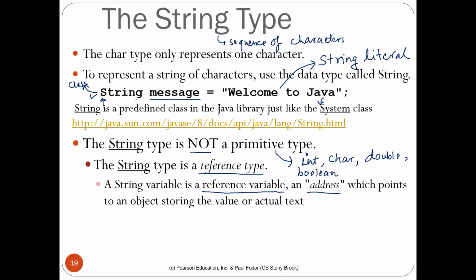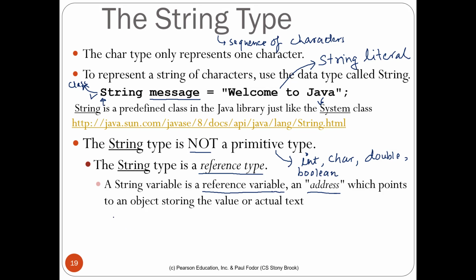Here message is a string and it has 15 characters. There's another difference: a primitive type will hold just one piece of information.